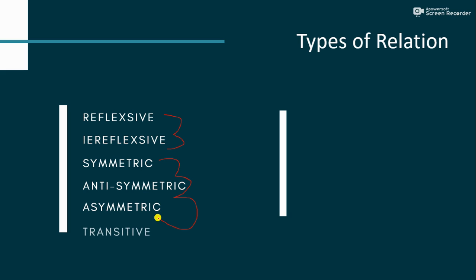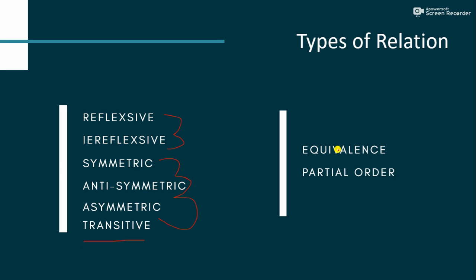After that we are going to learn the transitive relation. After learning these six types of basic relations, we are going to see the two higher order relations, that is equivalence relations and partial order relations. Using these basic types of relations, we can derive the equivalence relation and partial order relation.